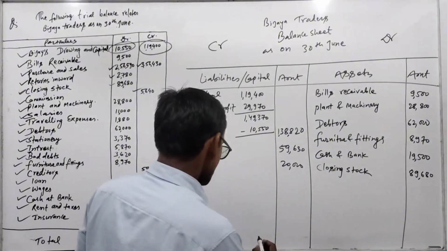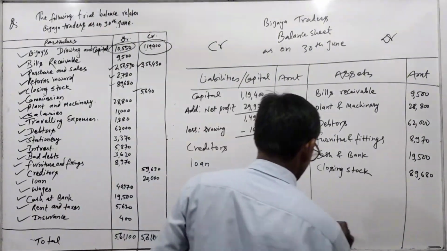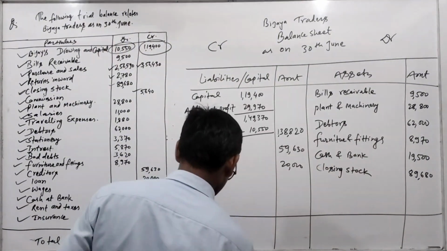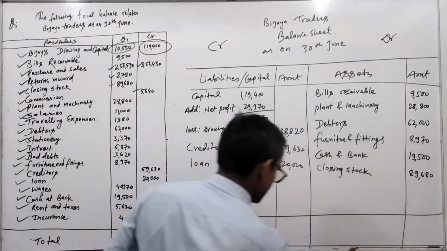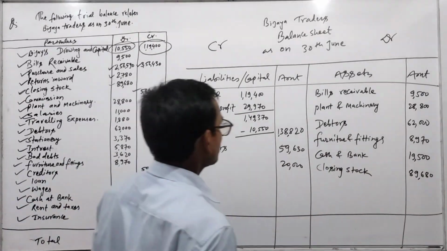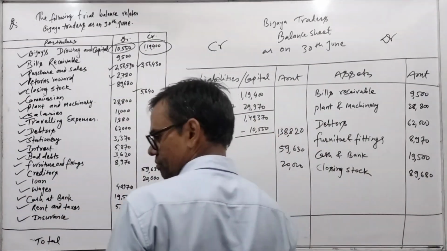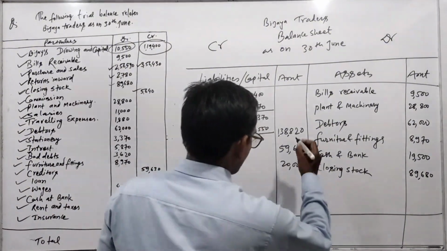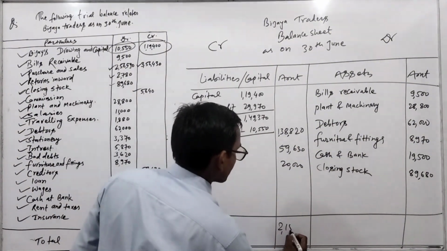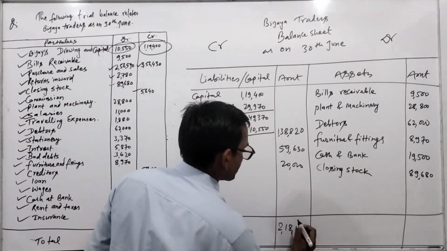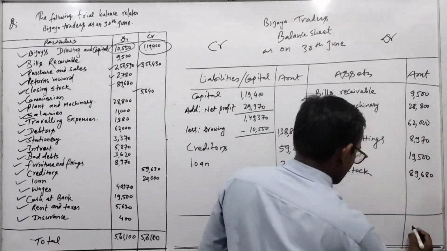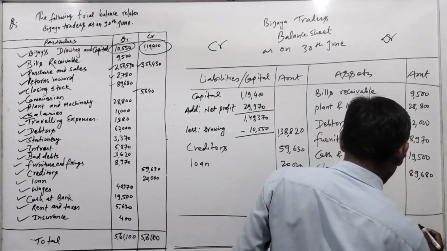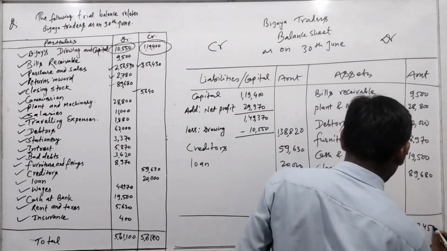Okay, so you add this. If you use a calculator, the amount will be 2,18,450. Similarly, this also becomes 2,18,450.